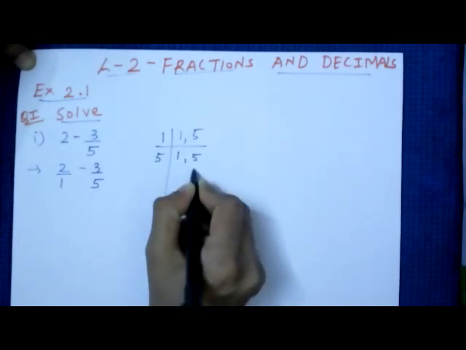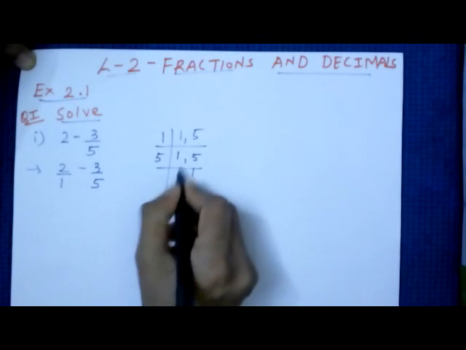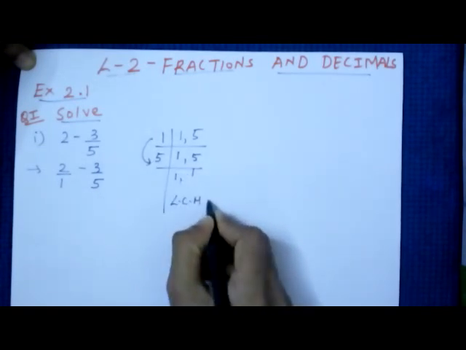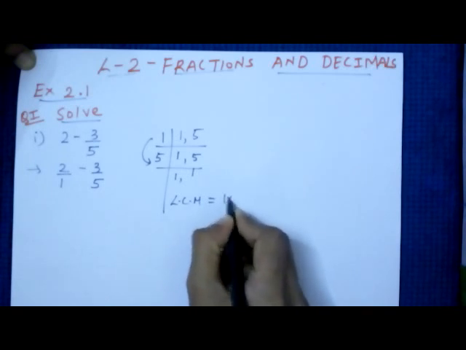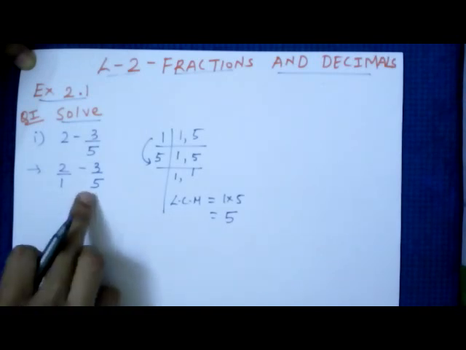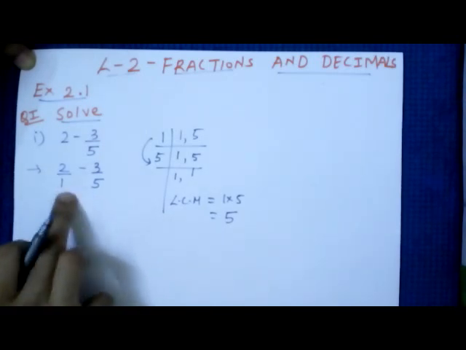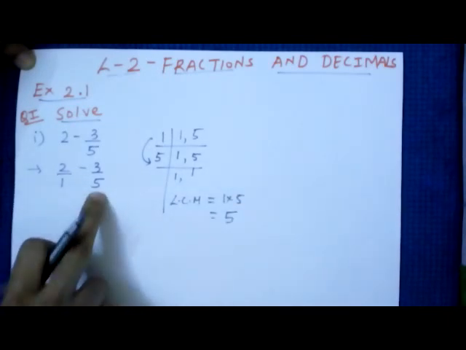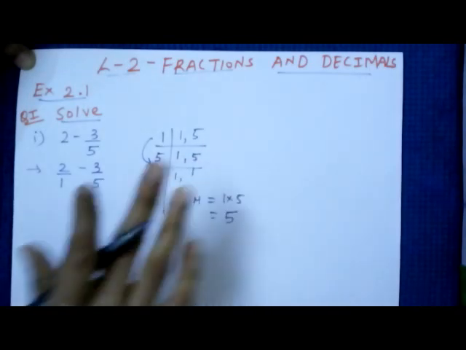Now 5 ones are 5 and this 1 as it is. So multiplying these both, our LCM will be 5 ones are 5, or 1 fives are 5. So for any number with 1, the LCM will be the number itself. So the LCM of 1 and 5 will be 5. Same way, if suppose here there is 7, then the LCM of 1 and 7 will be 7.